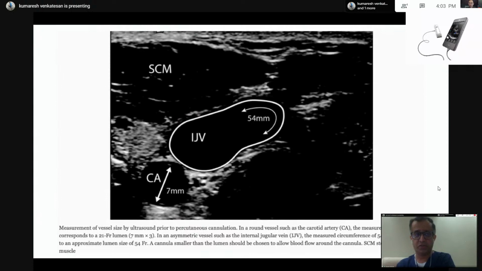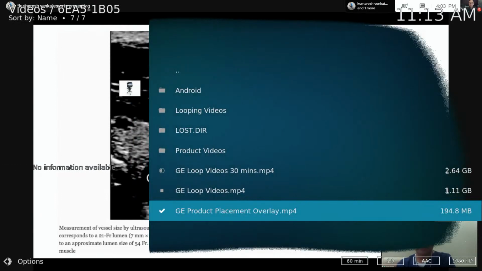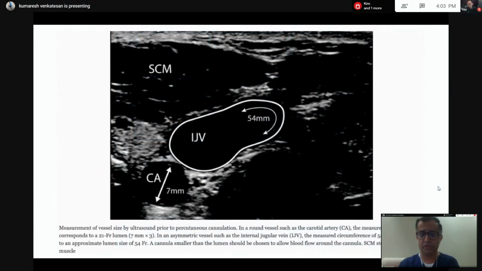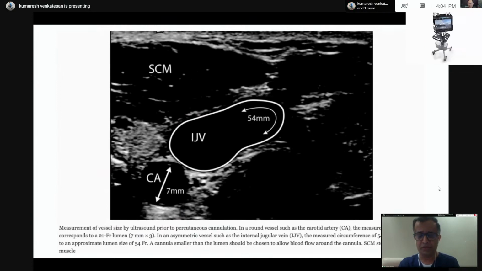Using the transverse view gives you an idea about the dimension of the vessel, and that helps to choose what size cannulas you can use for the ECMO support. If the diameter of the carotid artery is about 7 millimeter, the maximum you can use is a 21 French cannula, but that will occlude the flow, so you may go for a lower size cannula. Similarly, you can use it for the venous cannulas as well. You can decide what catheter size, what cannula size you are going to use for the ECMO procedures.